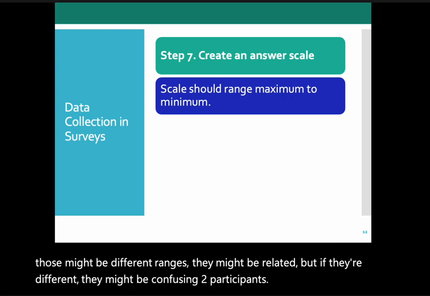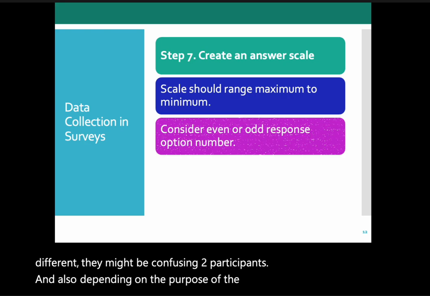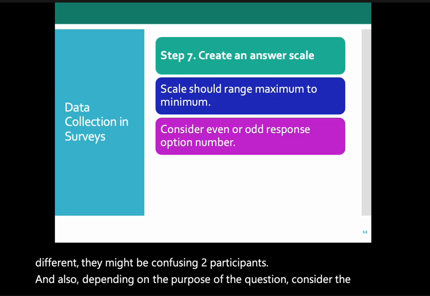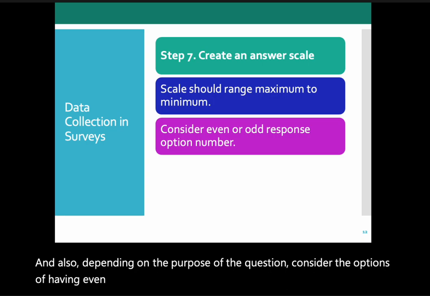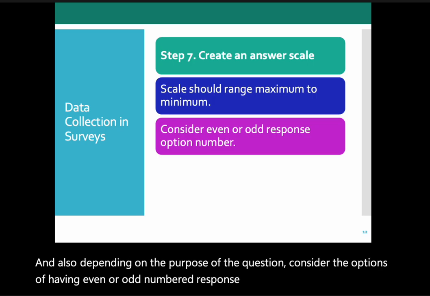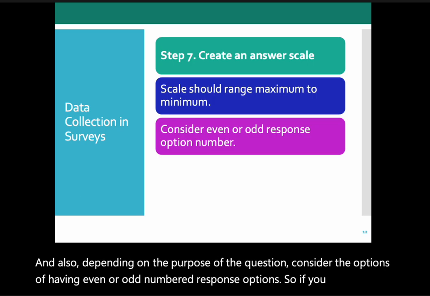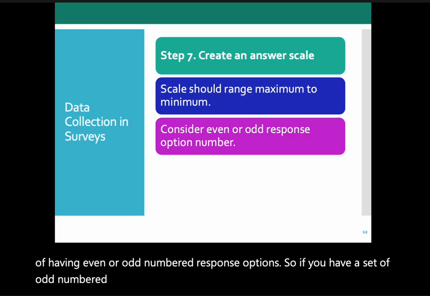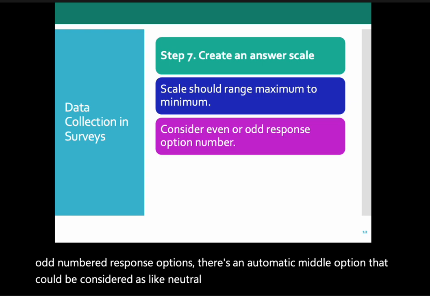And also, depending on the purpose of the question, consider the options of having even or odd numbered response options. If you have a set of odd numbered response options, there's an automatic middle option that could be considered neutral for your participants.